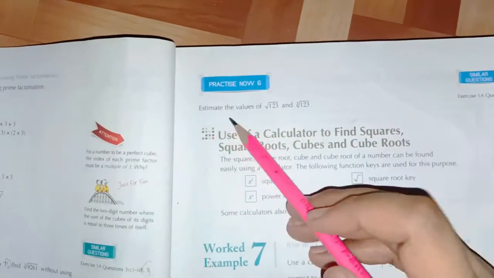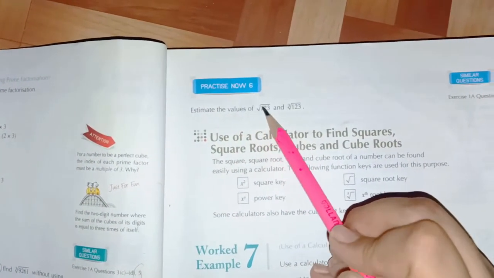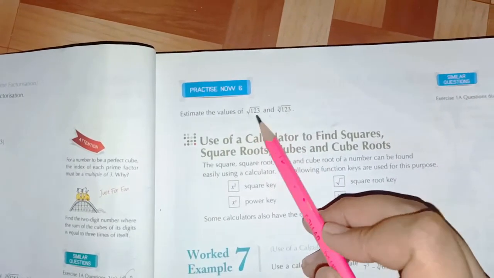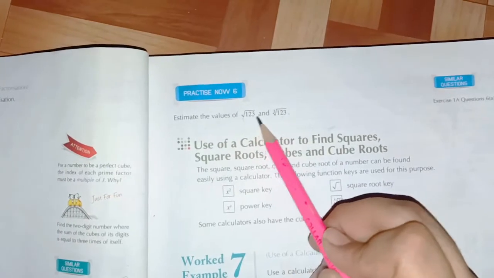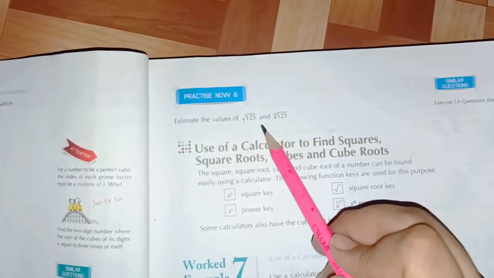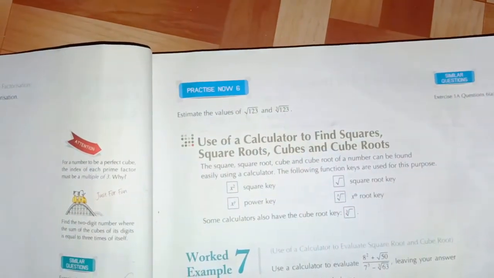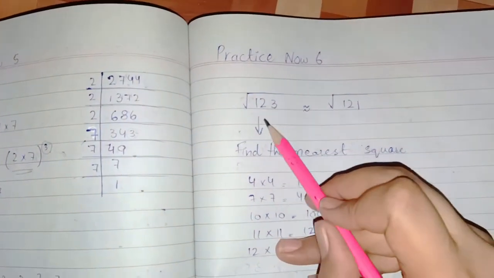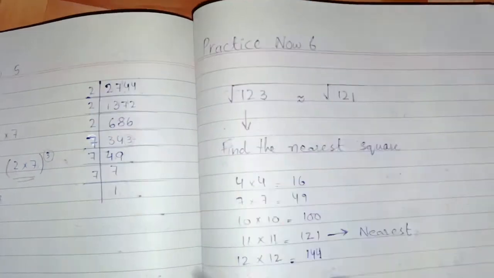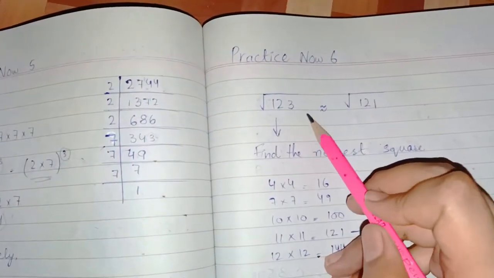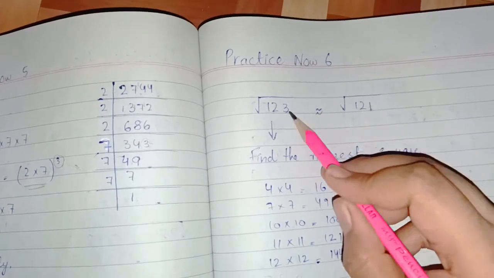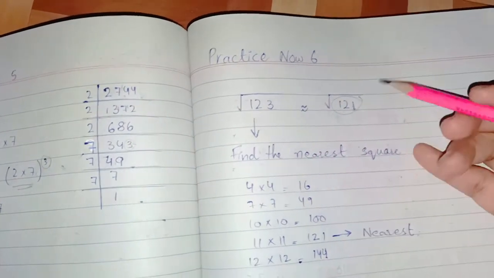Practice Now 6. Estimate the value of the square root of 123 and the cube root of 123. It means we have to find the estimate value which is nearest or which is easily solved. So let's find out the nearest value. So here we have the square root of 123. The nearest value of the square root of 123 is 121. How are we going to find that the nearest value is 121? Let's check.